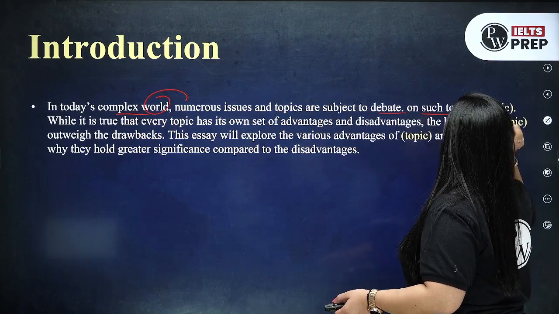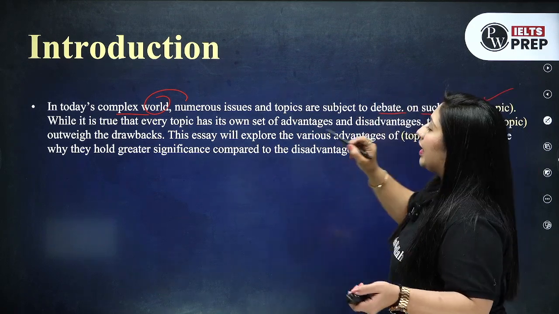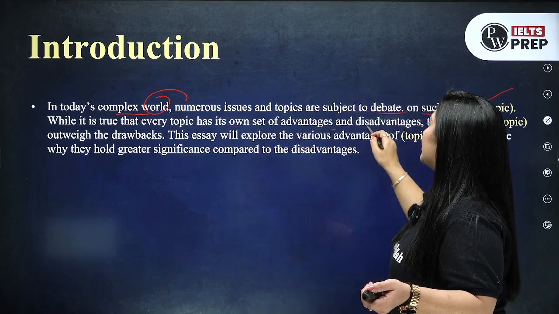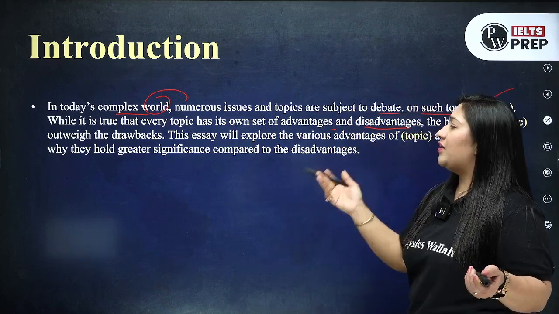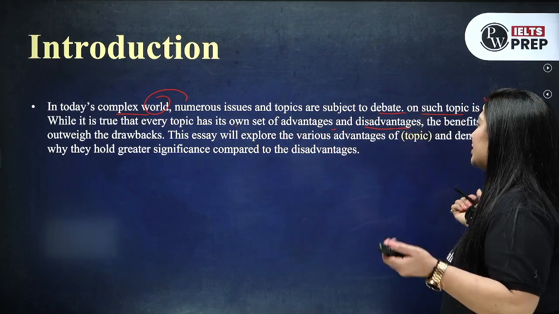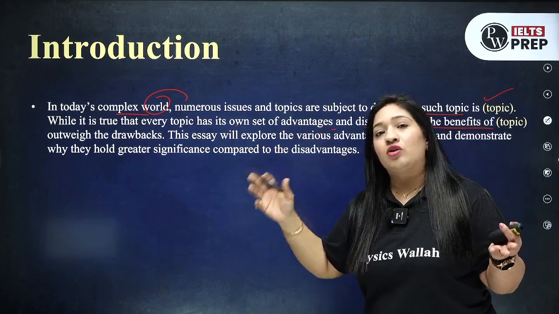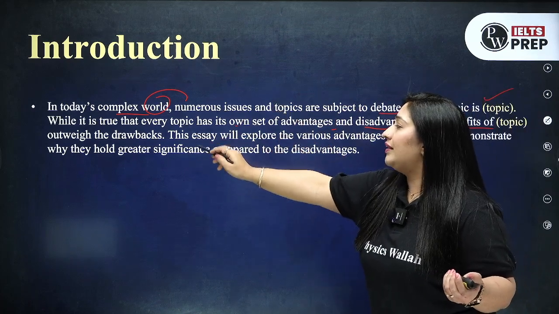On such a topic, now write down the topic. What is the topic? Social media. While it is true that every topic has its own set of advantages and disadvantages, we know that every coin has two faces, right? So here also every topic has its own set of advantages and disadvantages. The benefits of, dash, the benefits of what topic? Again, social media. The benefits of social media outweigh the drawbacks, right?